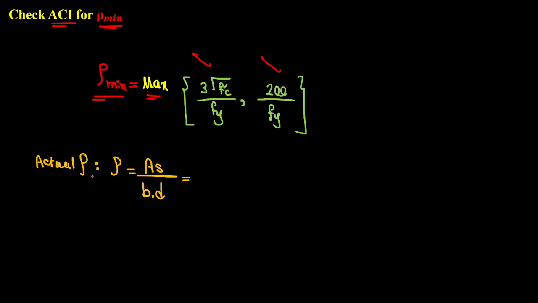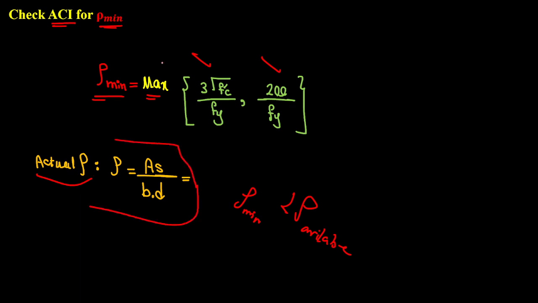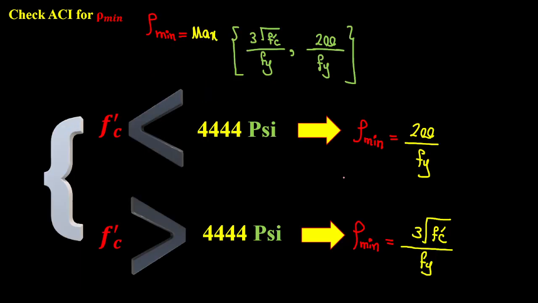So the steel should be higher than the minimum available, which is the maximum of these two numbers.